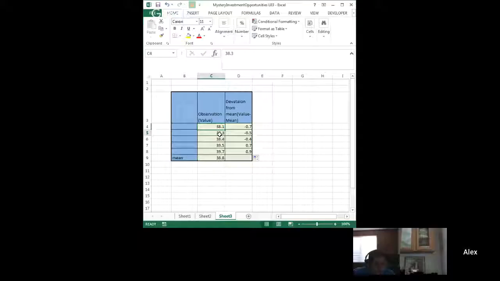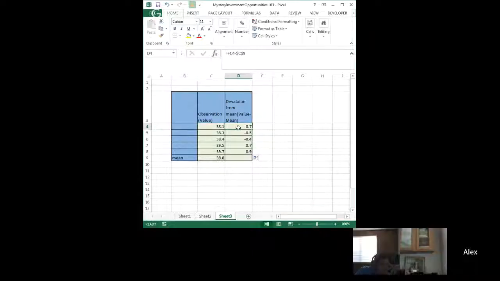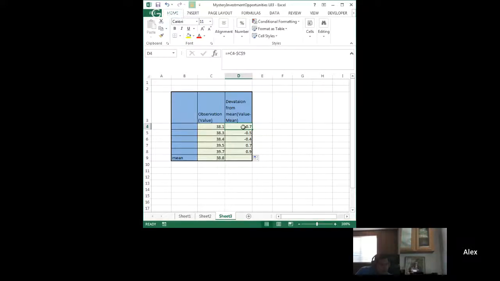Okay, I just want to make sure that I had the values correct, so I was doing the calculations right. Yeah. But why is it negative? Is it gonna be the mean minus the observation value, or the observation value minus the mean? It's the value minus the mean. Oh, okay.